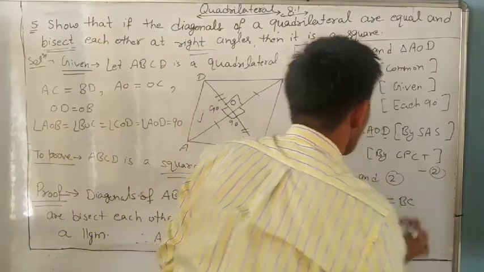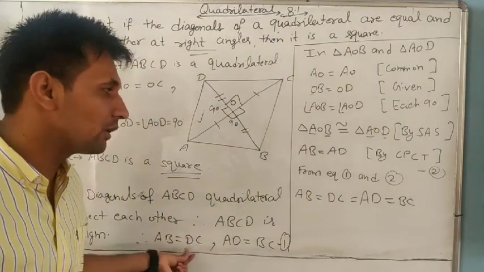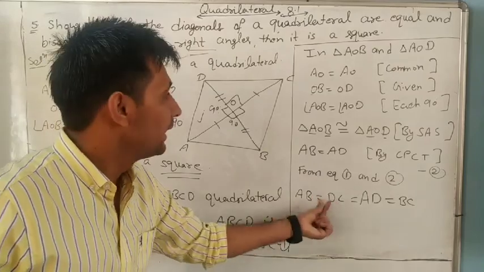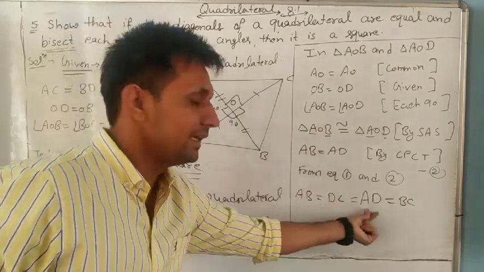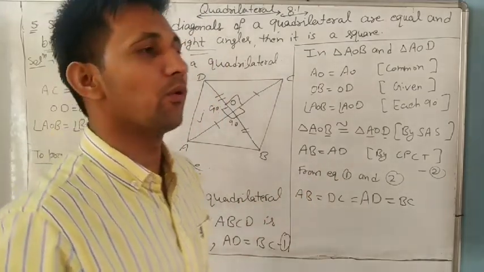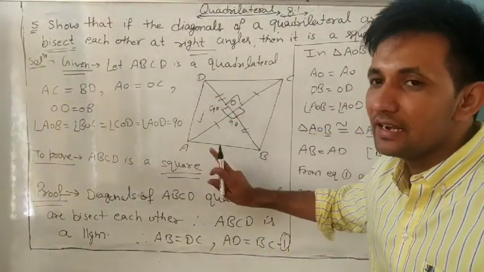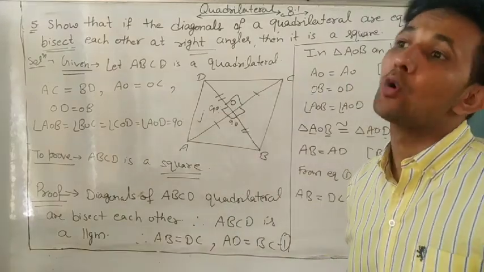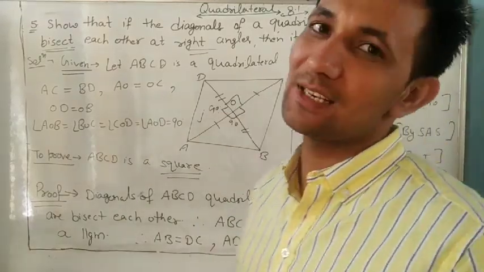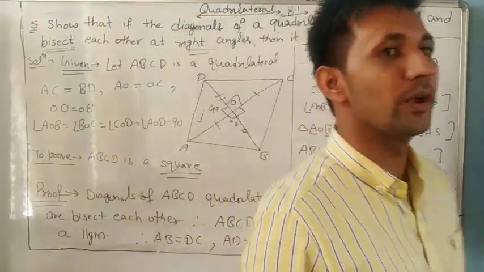So it means all four sides are equal. Understand or not? Because AB equals DC, and AB equals AD, and AD equals BC. So all sides are equal, and if all sides are equal, it means it is either a square or a rhombus, because in a rhombus all sides are equal, and in a square also.